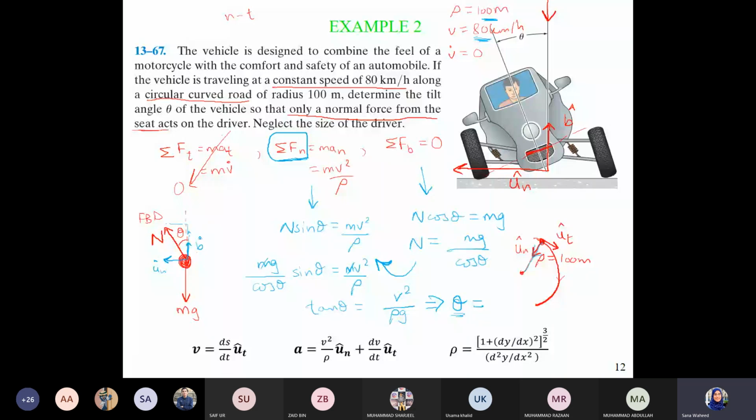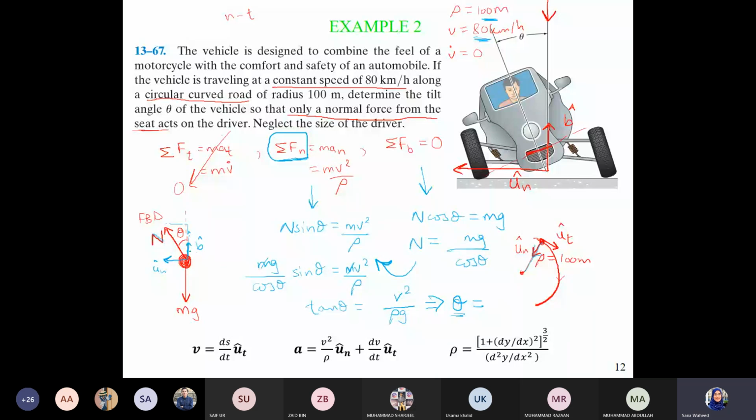In this particular analysis, we've seen that the force is being provided by a component of the normal reaction. At this angle theta, the normal force is enough to provide this centripetal acceleration.